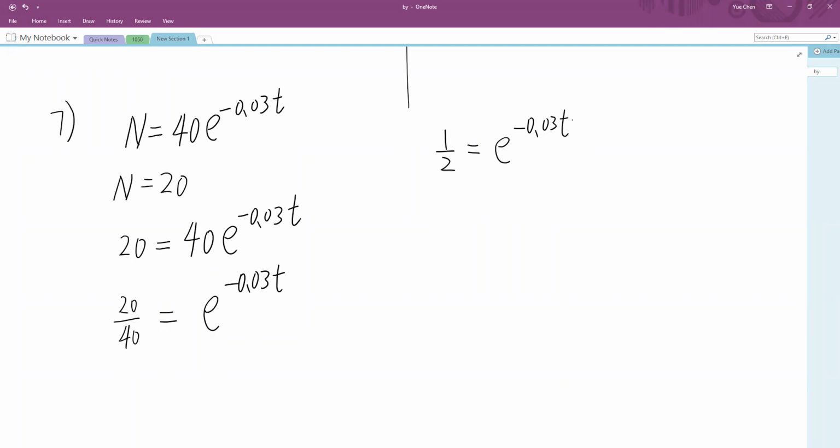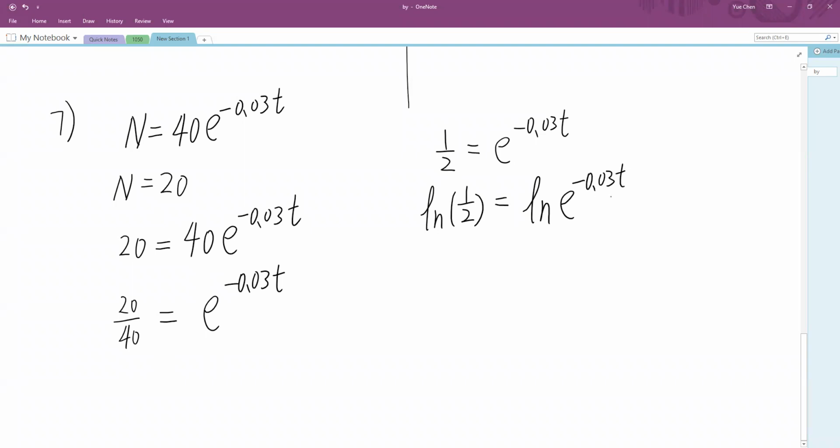We take the natural log on both sides because we want to calculate t, but t is in the power. So you need to bring it down, and the only way is to take the natural log. So natural log of 1/2 equals natural log of e to the negative 0.03t.